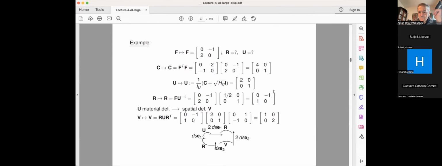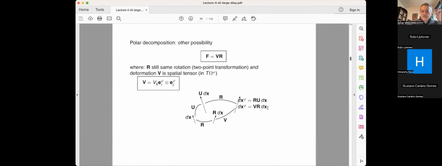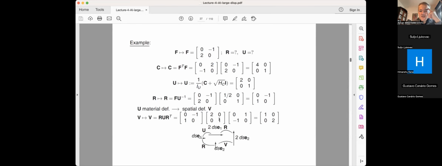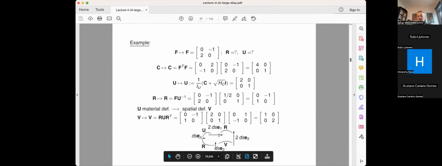Now notice the difference between those two. As I said, there are two possibilities. Either you stretch in the initial configuration and then you move it by rotation to the deformed configuration, or you rotate it and then stretch it to the deformed configuration, and you get the final result. Obviously, if you do that here with the 90 degrees rotation, you will have a component along the x-axis.